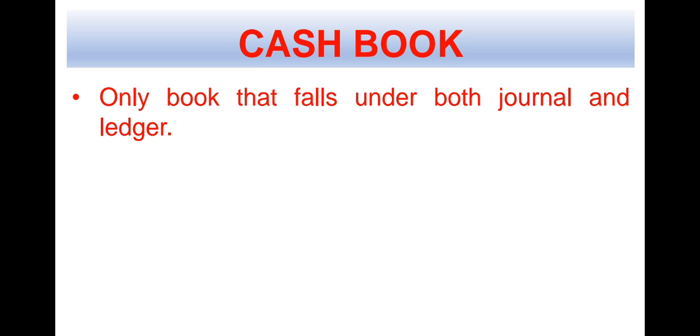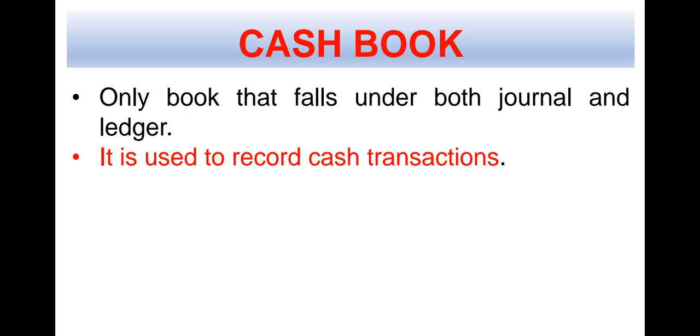We also have cash book under the ledger. So it is only the cash book that falls under both journal and the ledger. It is used to record cash transactions, which means any business that deals with cash transactions, the particular book they are going to keep is a cash book.